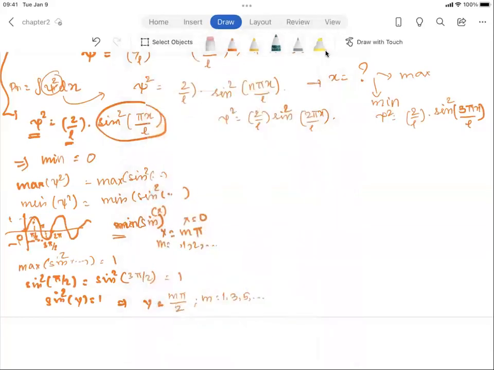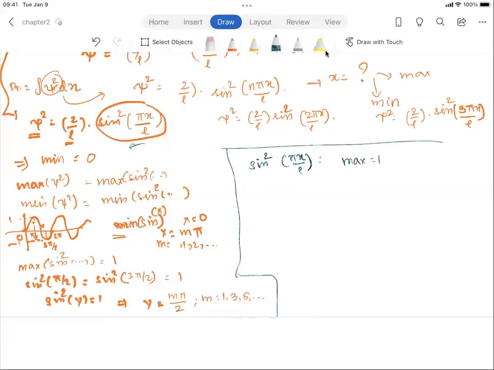So for n equals 1, we need to worry about this, right? So the maximum value it can take is equal to 1. That implies pi x over L is going to be n pi over 2, and n can be 1, 3, 5, and so on.